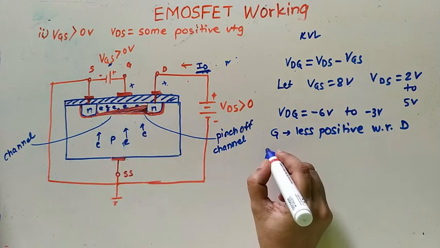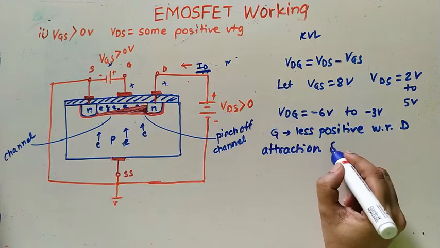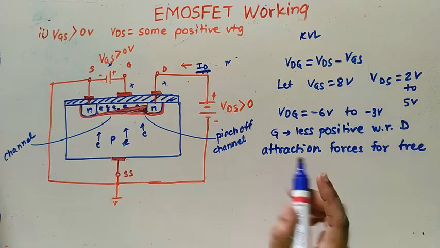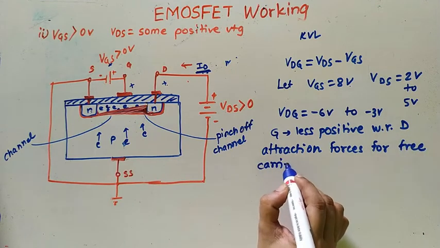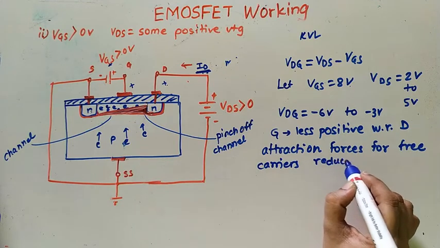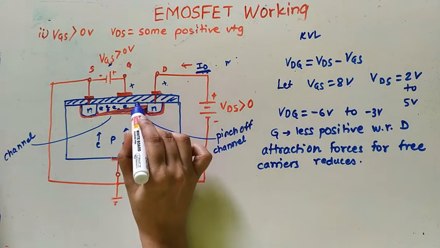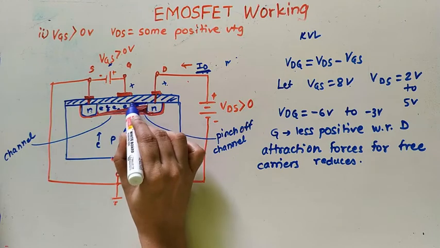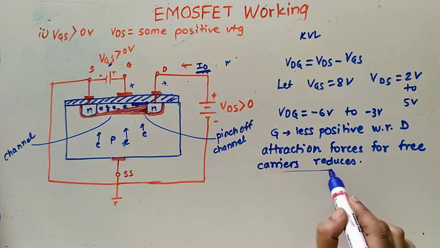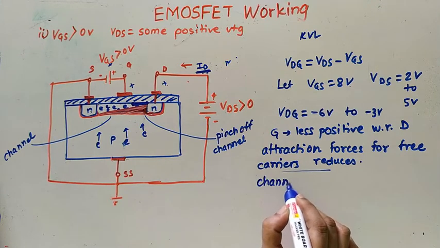The attraction forces for free carriers between the gate and drain region will reduce, and due to this the channel width will be reduced.